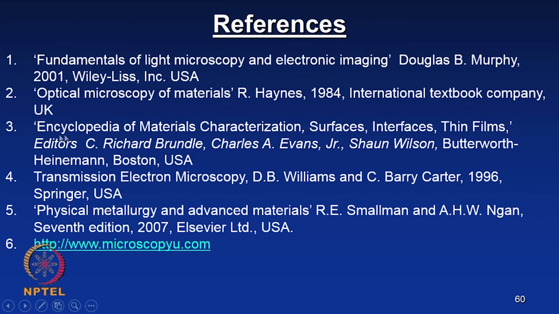You can also refer to the Encyclopedia of Materials Characterization: Surfaces, Interfaces, Thin Films by Richard Brundle, Charles Evans, and Stan Wilson, Butterworth-Heinemann, Boston, USA. You can also read Transmission Electron Microscopy by D.B. Williams and C. Barry Carter, Springer, USA, for some of the basic concepts of optics.